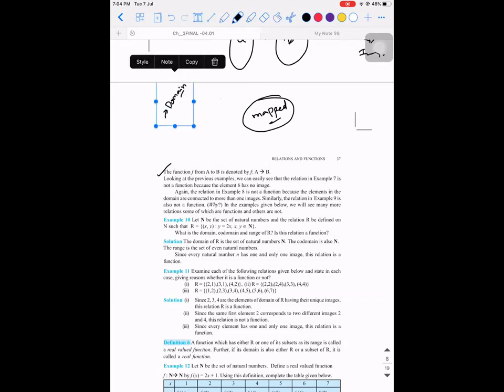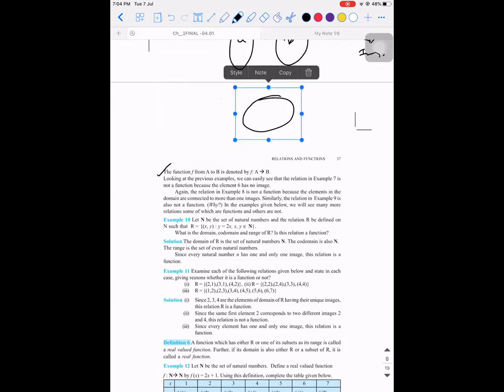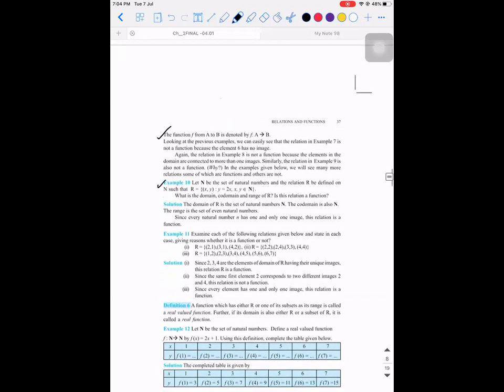Okay, so let me explain it. Keeping all these facts in mind, let's start with example 10. Let N be the set of natural numbers and the relation R be defined on N such that R is equal to {(x, y) : y = 2x}, where y belongs to N. What are the domain, codomain, and range?